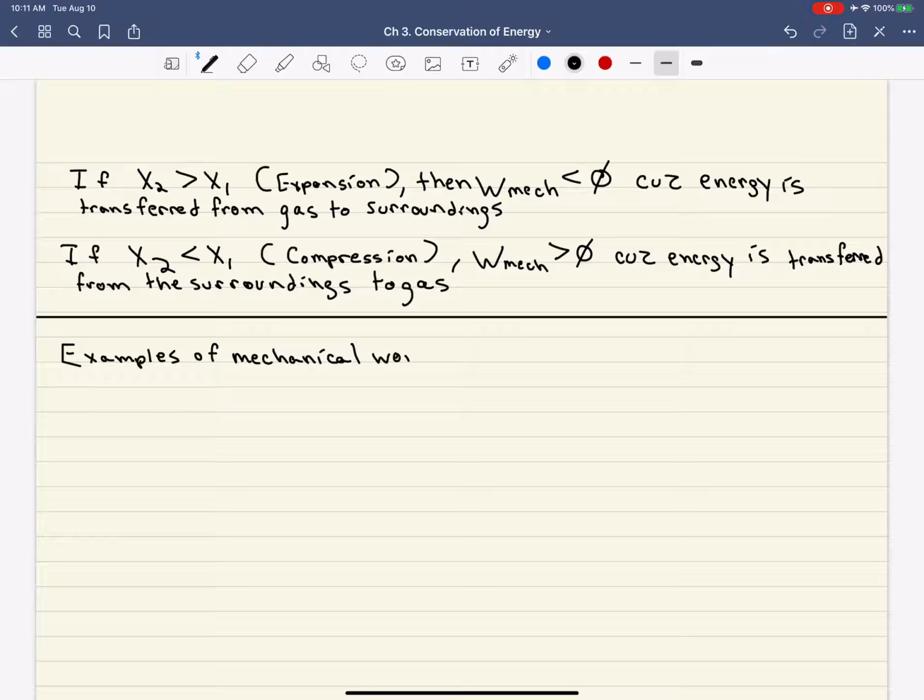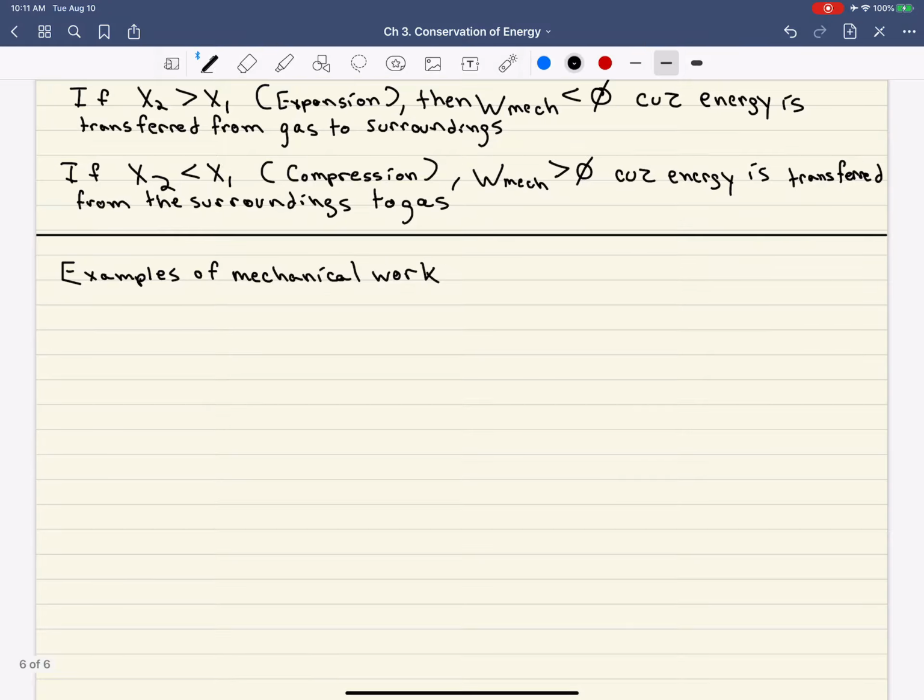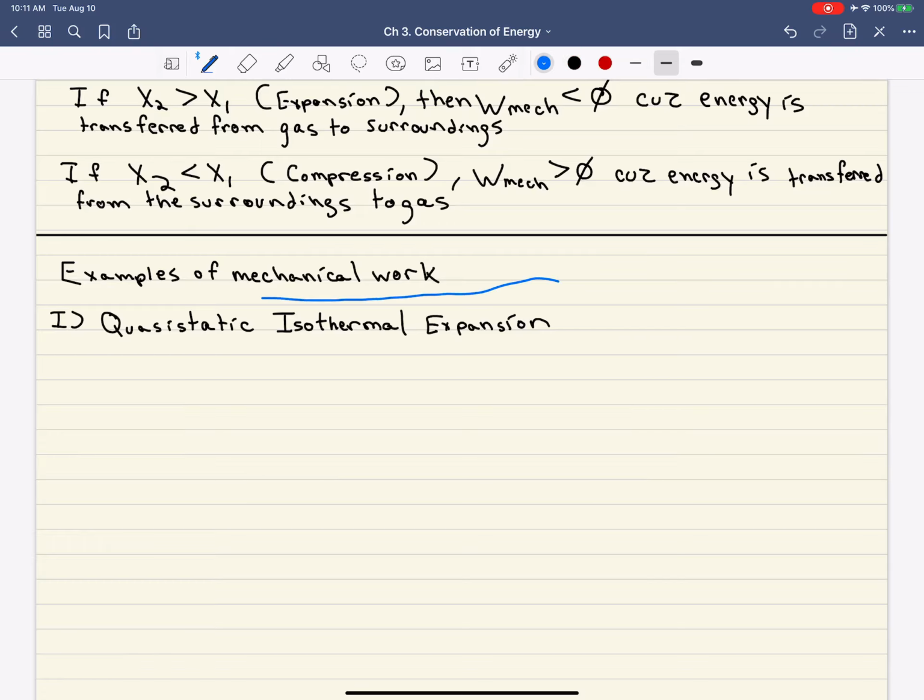And the first example we're going to go over is the case where we have quasi-static isothermal expansion. And so isothermal, that's a word you've seen before. That just means that temperature is constant. Quasi-static, that might be a new word for you.